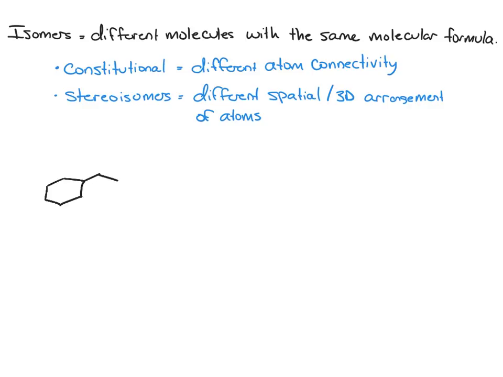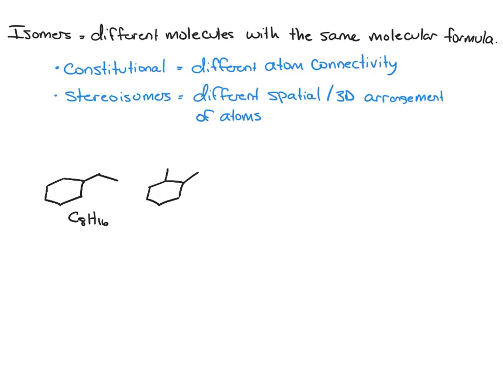Okay, so here's a six-membered ring with a two-carbon chain coming off of it. If you count up the carbons and hydrogens, it's C8H16. But we can draw a different molecule. We still have a six-membered ring, but now I have the two carbons here and here.